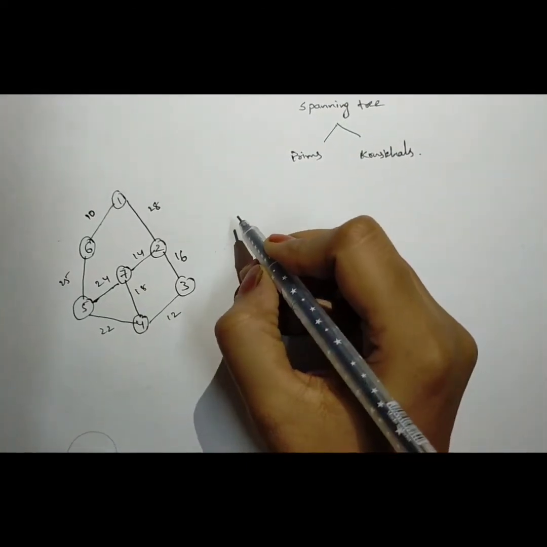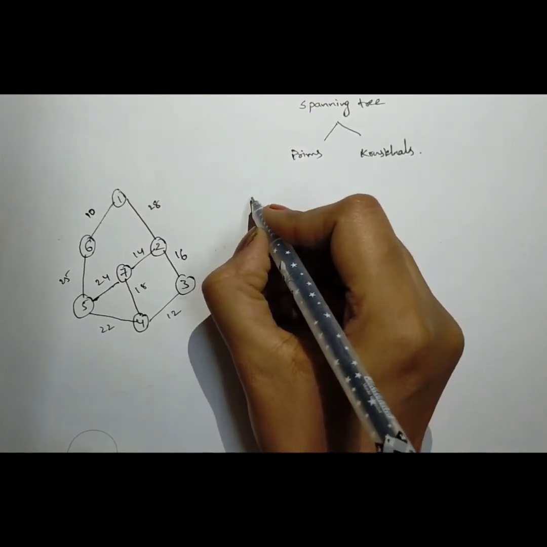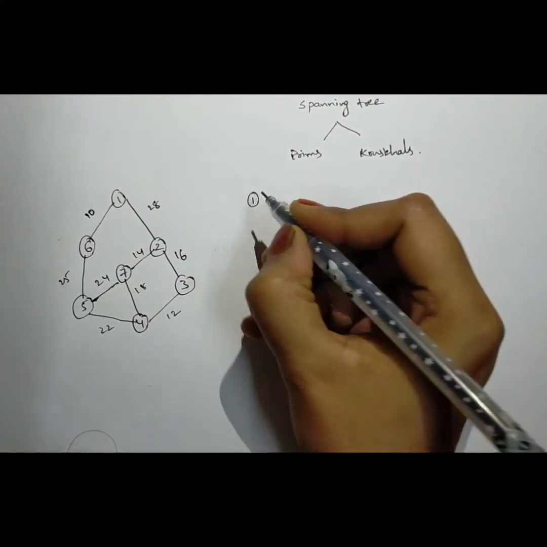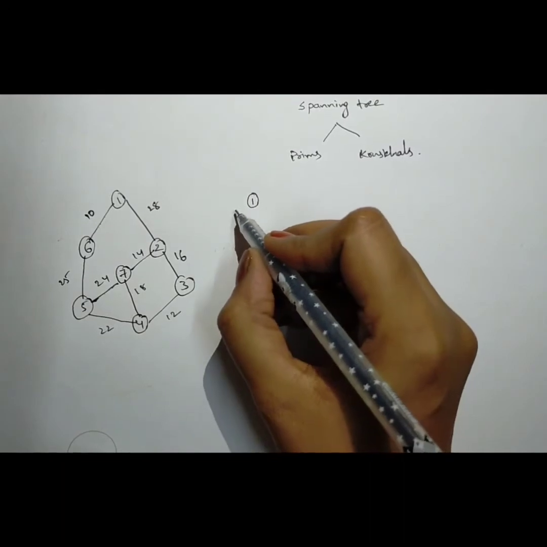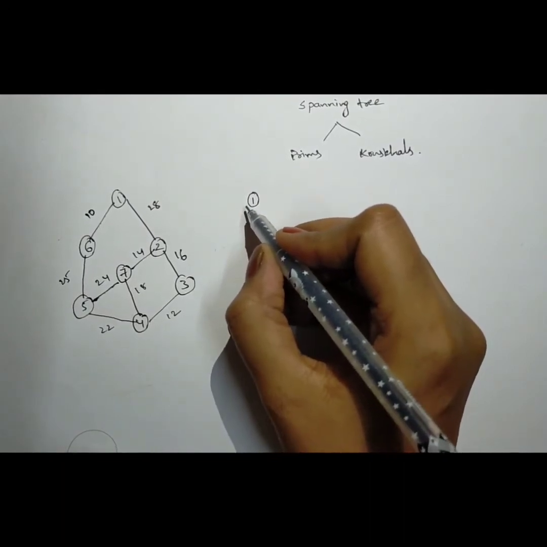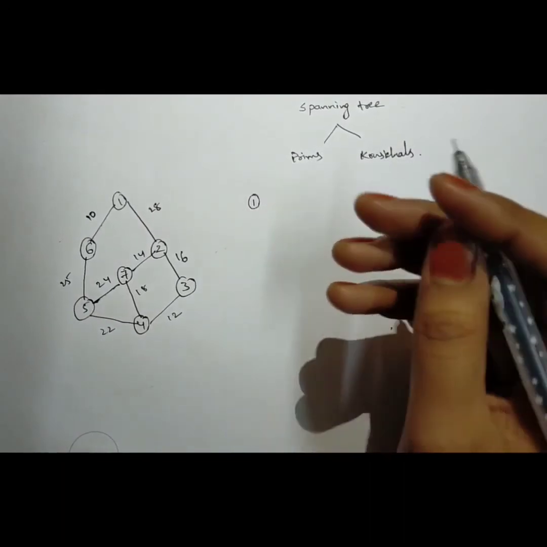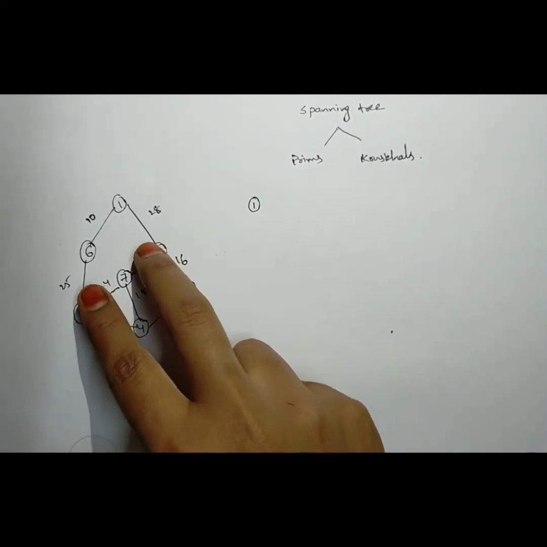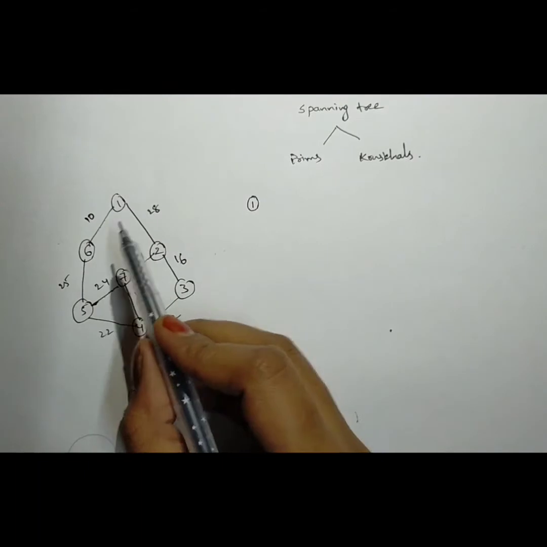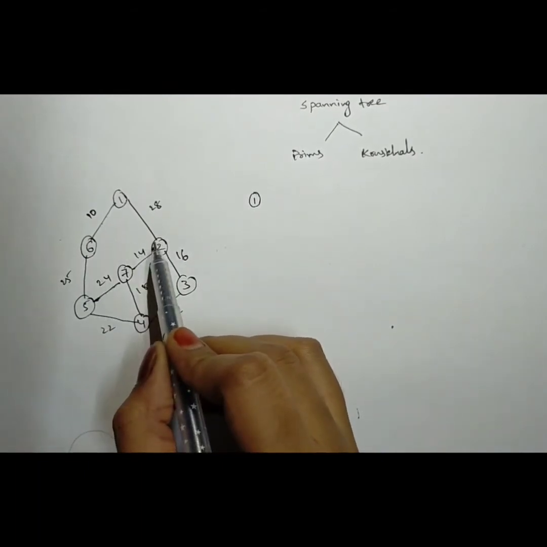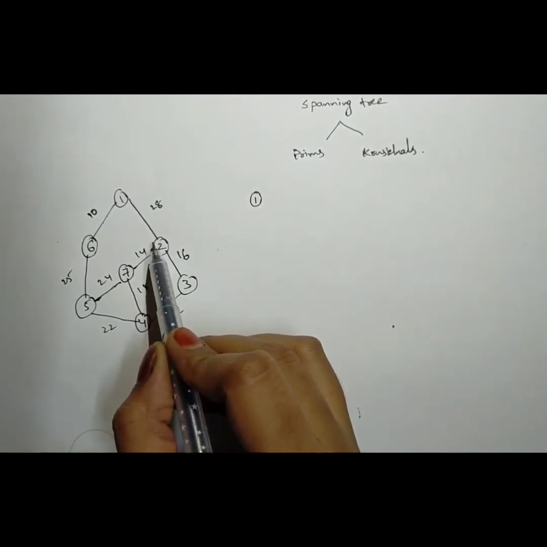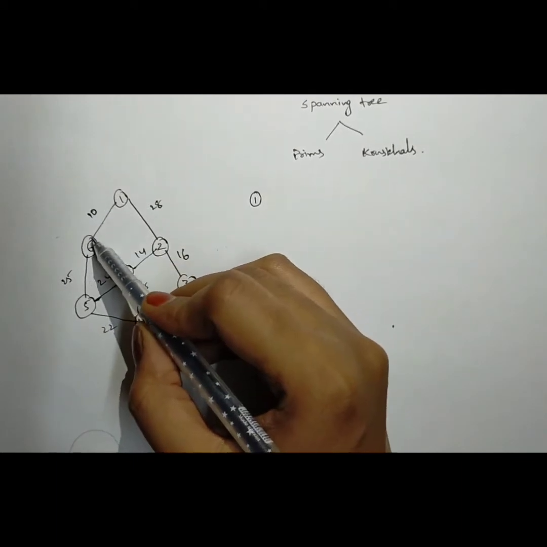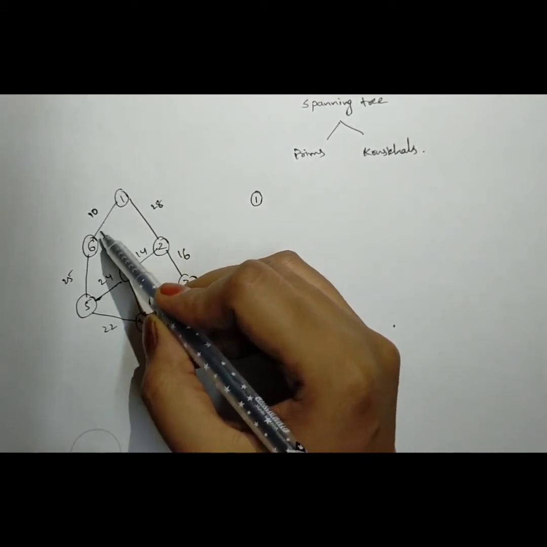For solving this problem, first I am choosing the first node. From this first node you need to choose the adjacency nodes. From the first node there are 2 different adjacent nodes, that is 6 and 7. From these 2 adjacency nodes we need to find the shortest edge.